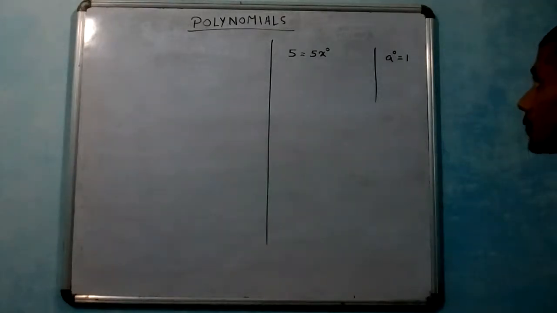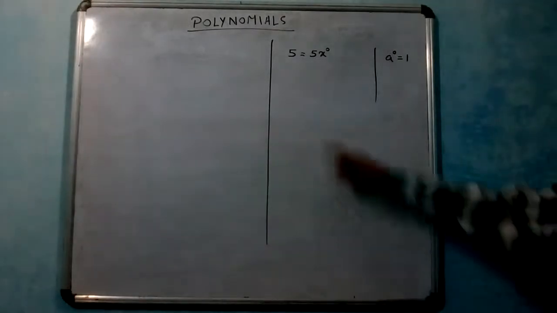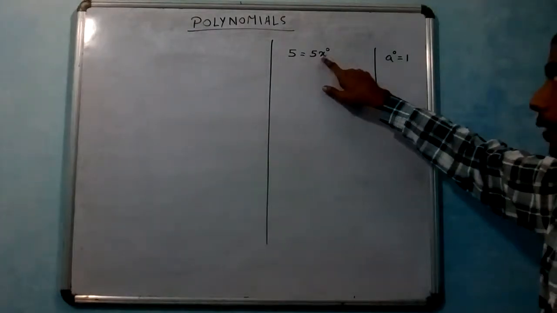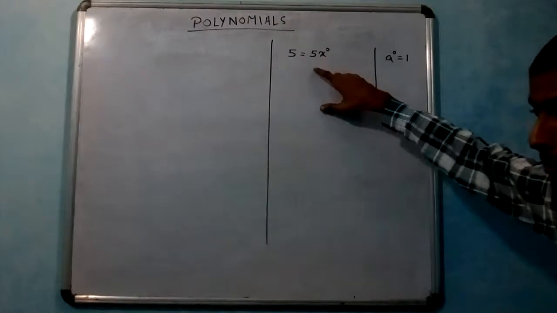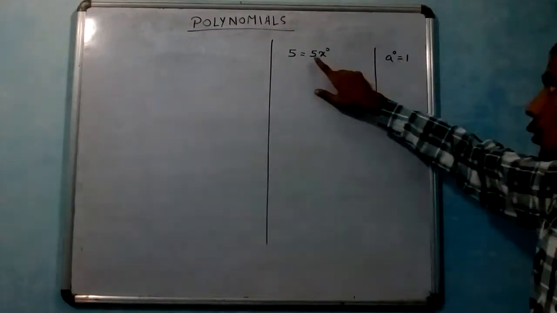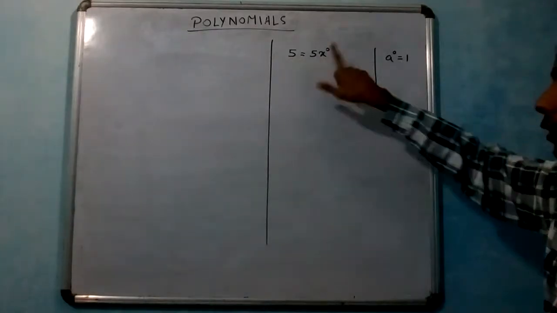So 5x to the power 0, so it's a polynomial. So you understood that 5 is also a polynomial.